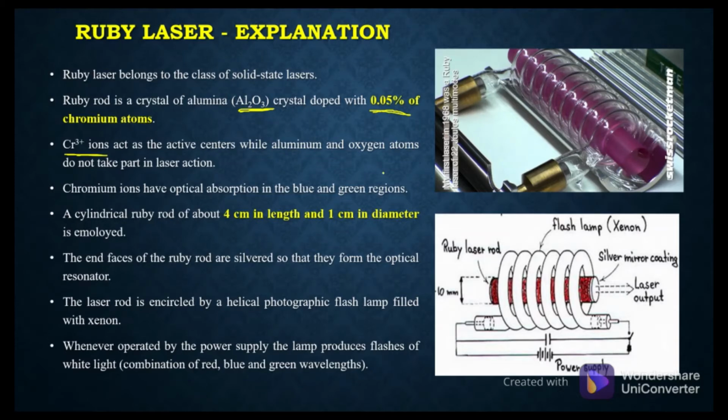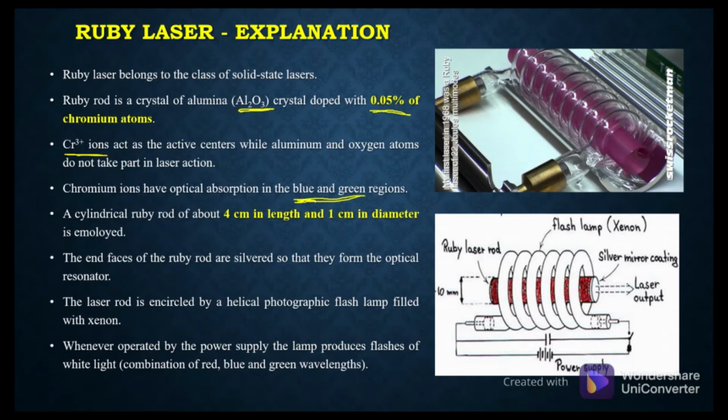In general, these chromium ions can absorb blue and green radiations. Since their energy levels are favorable to absorb blue and green radiations, the chromium ions can efficiently capture them.